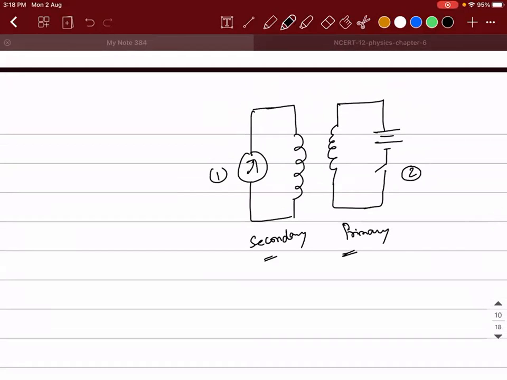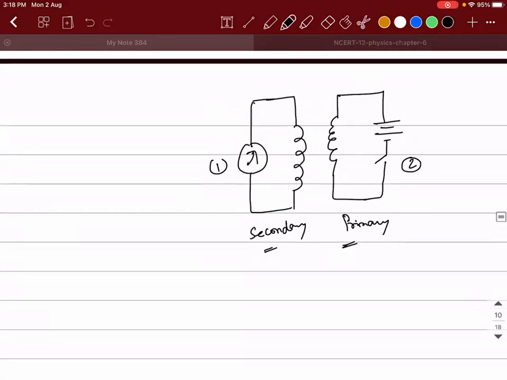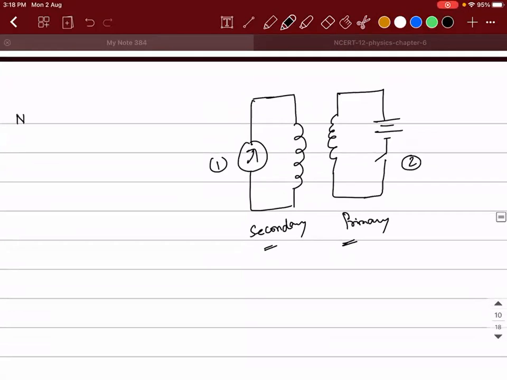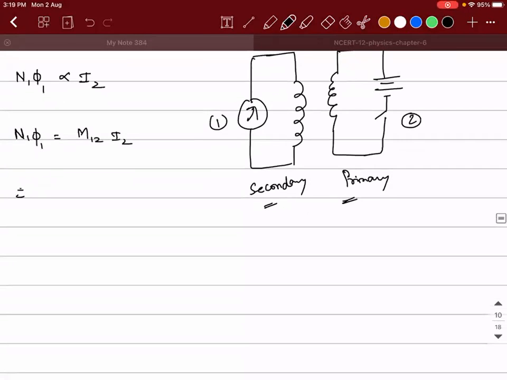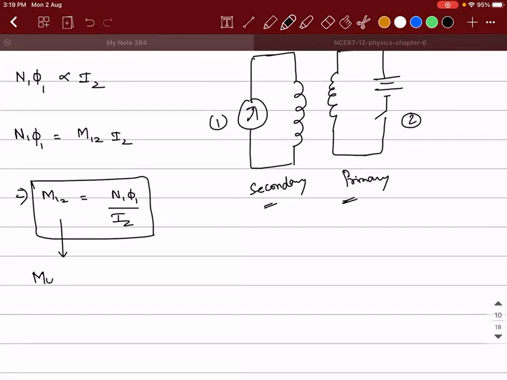When I do this, can I say that the flux linked with the first coil is directly proportional to the current flowing in the second coil? So N1 phi 1 is directly proportional to I2. Then N1 phi 1 will be equal to M12 into I2, which implies M12 is equal to N1 phi 1 divided by I2. Then this M12 can be called the mutual inductance of the first coil with respect to the second. I can say this.